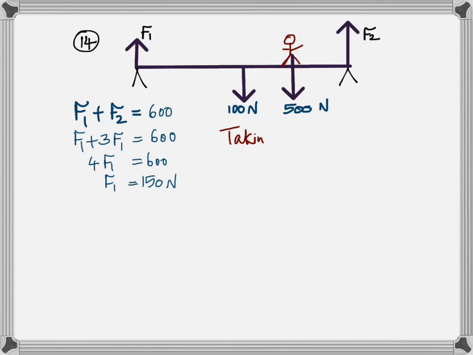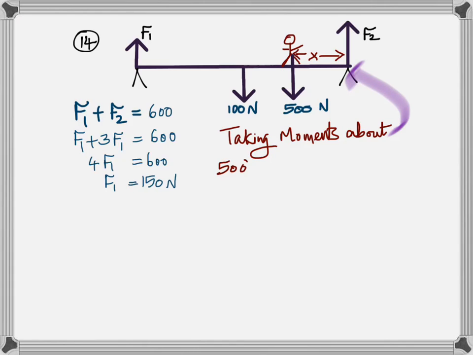And then you take the moment about one of the supports. Yeah, I took it about the right one. If you take it about the right one, you have 2 counterclockwise, isn't it? And 1 clockwise. The 2 counterclockwise would be 500 times x, and the other would be 100 times 4, because it's 8 meters.